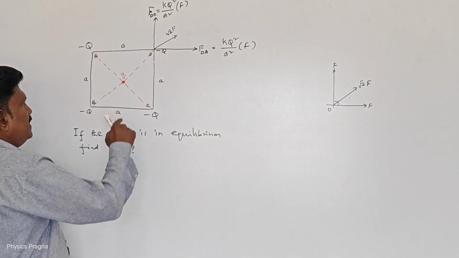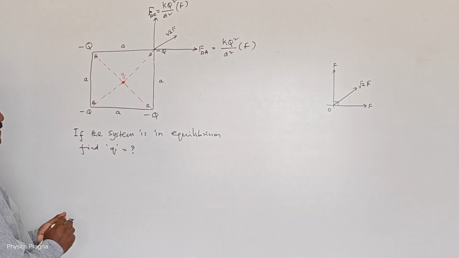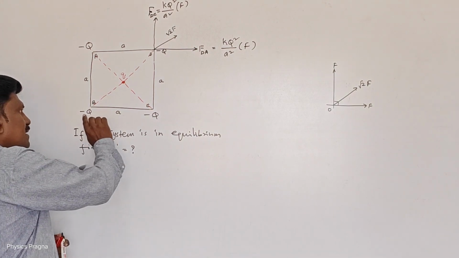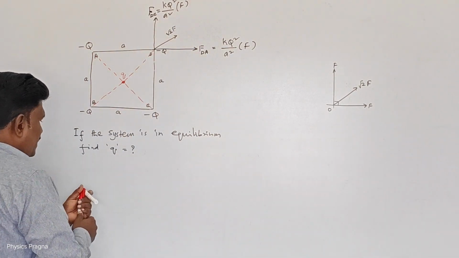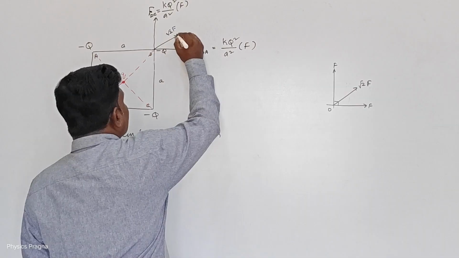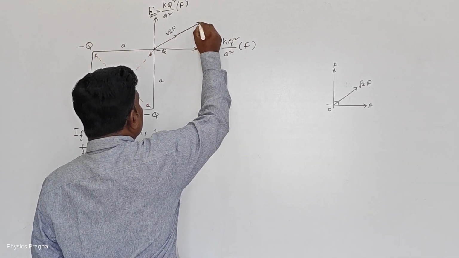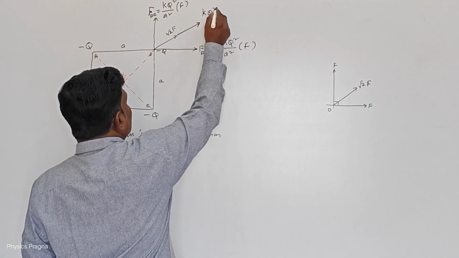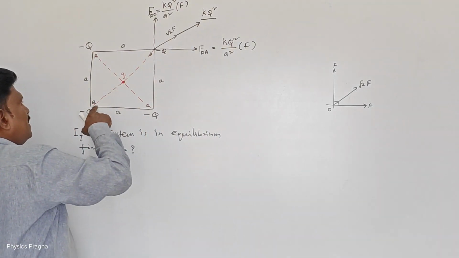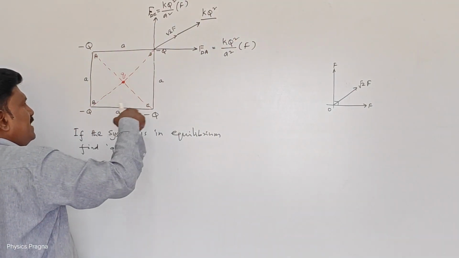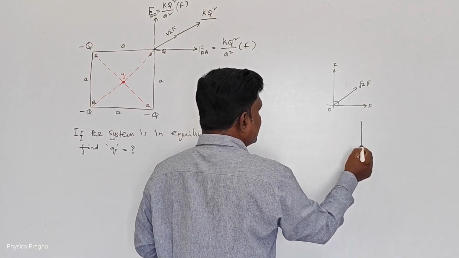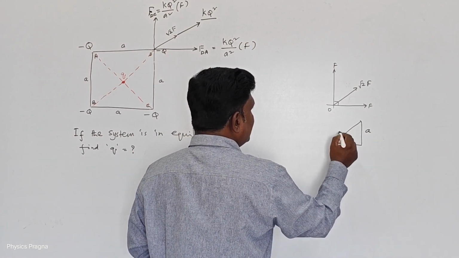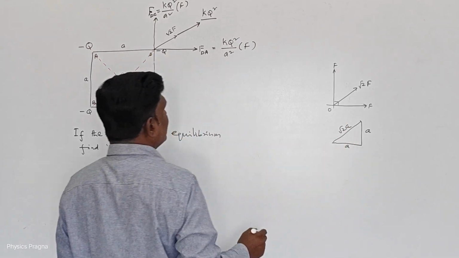And now this charge minus Q is also present here. This minus Q will repel this minus Q in this direction. So this formula is K Q square by the distance square. This is a, this is a, then this is root 2 a.